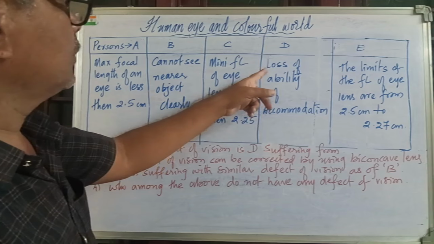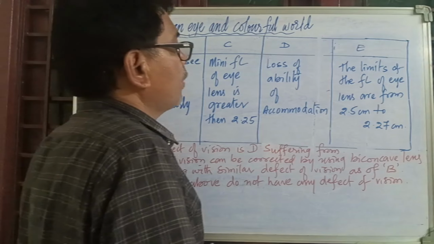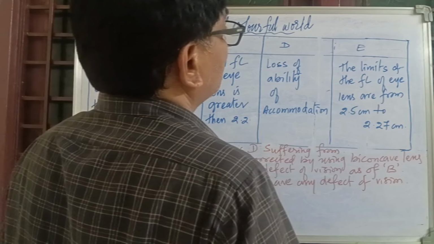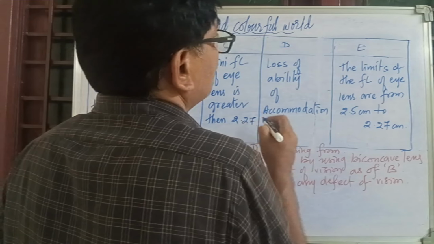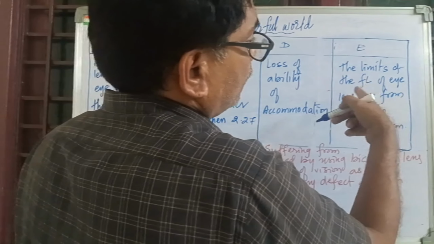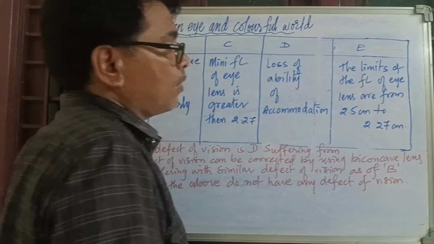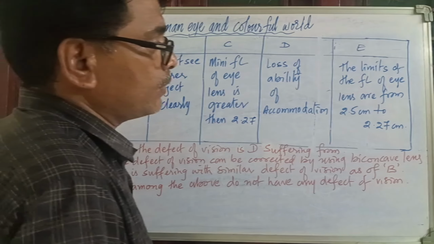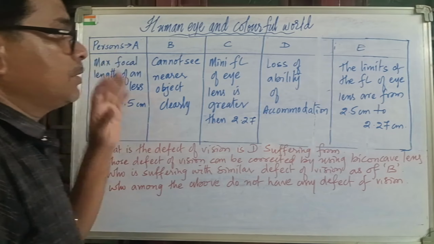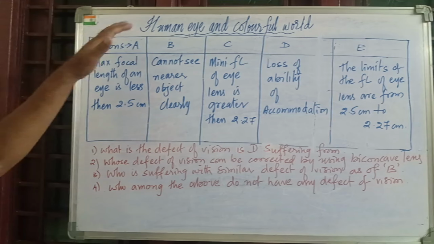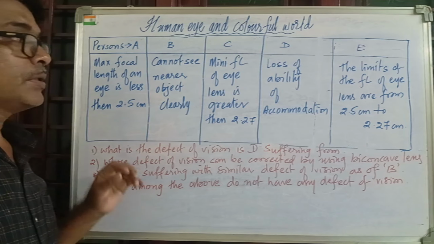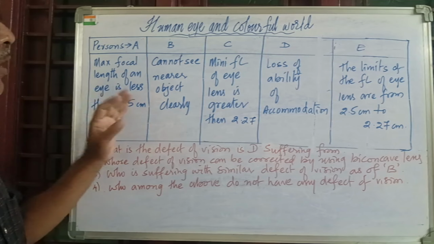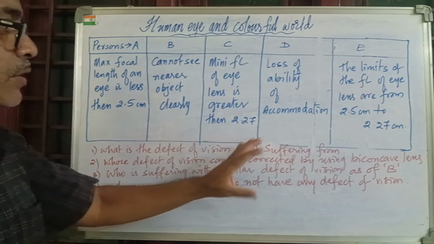D, loss of ability of accommodation. And E: the limits of the focal length of an eye lens are from 2.5 centimeter to 2.27 centimeter. So there are about five persons having some defect, and we have to identify them with these questions.